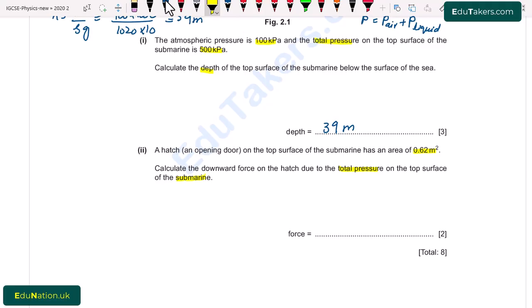as 500 kilopascal. So we use this formula and we know that force is equal to pressure multiplied by area.